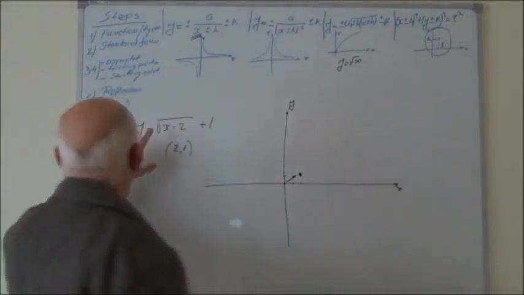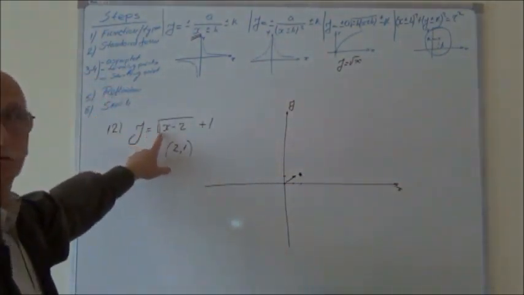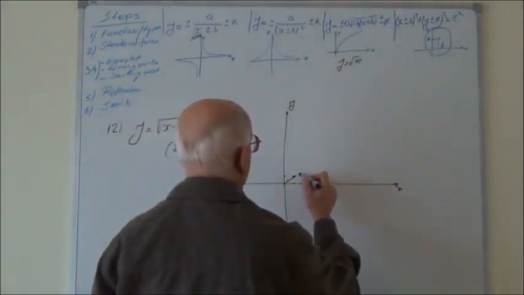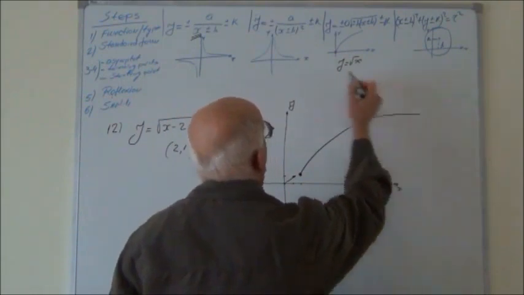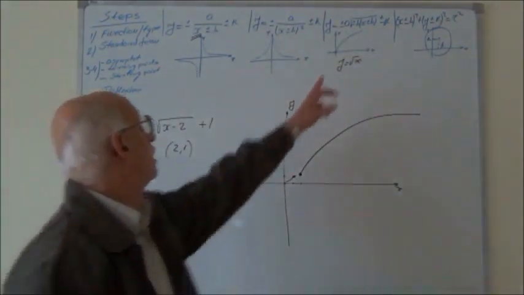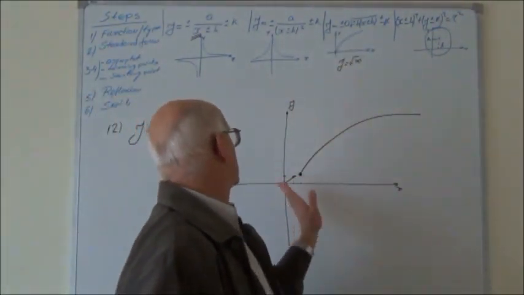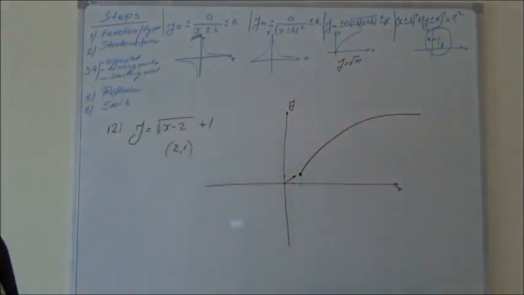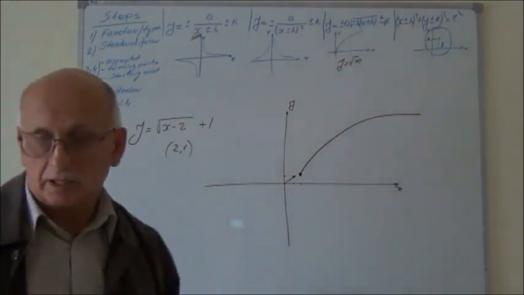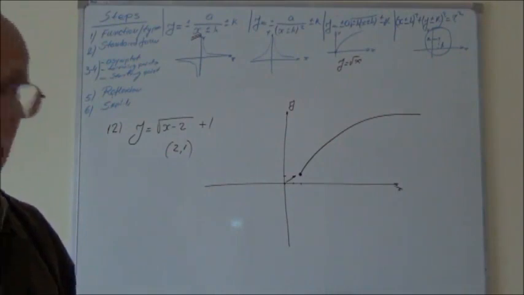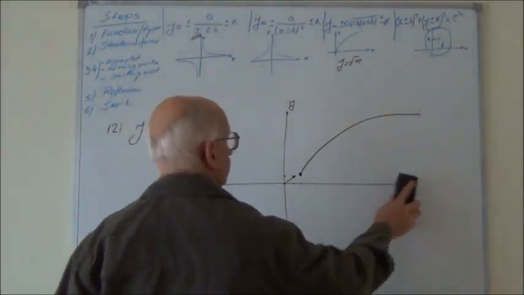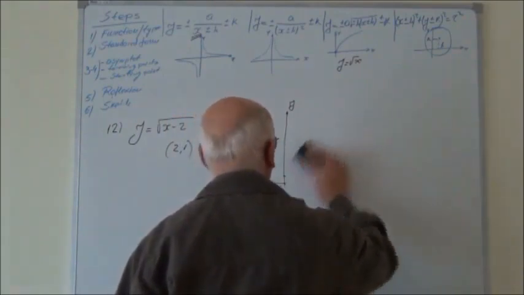And now, as we don't have any reflection, we simply sketch a graph that is basically this graph, only shifted a little bit to the right and up. Basically this is the technique of sketching a square root function, but we will see a few more examples to learn a few more things about this graph.